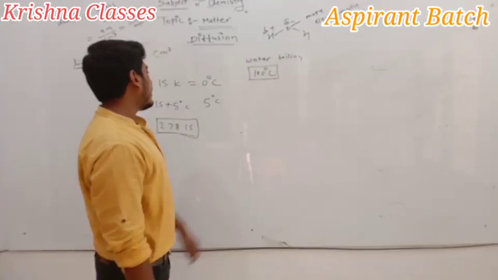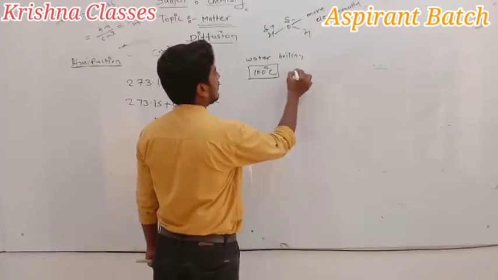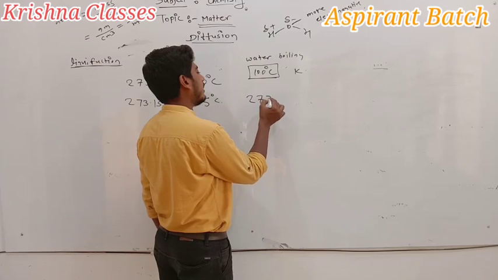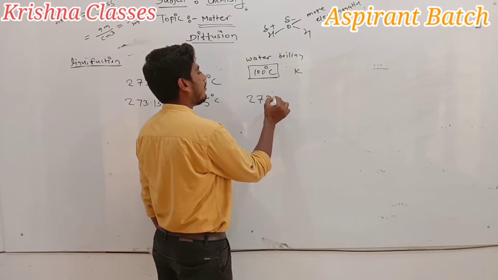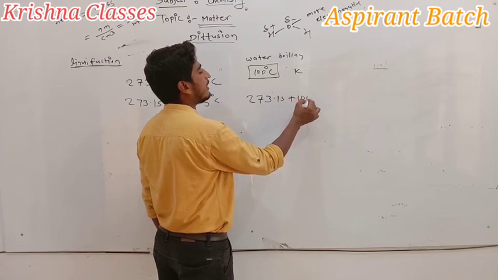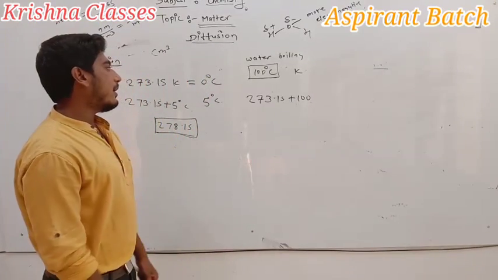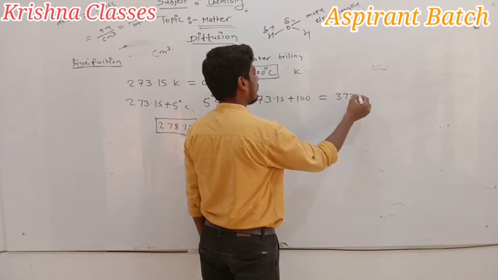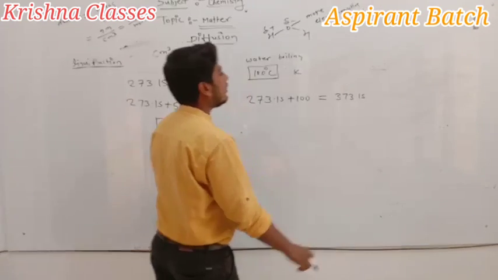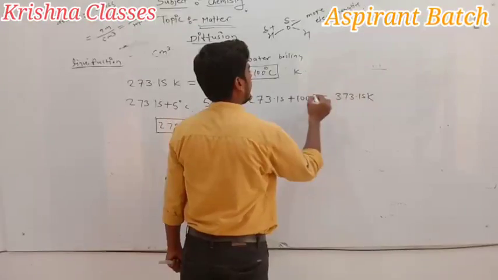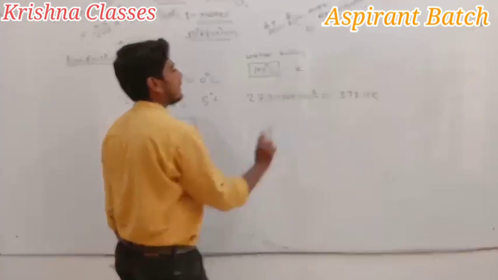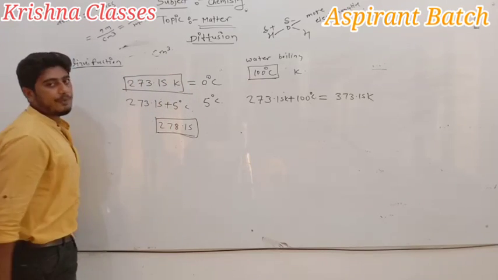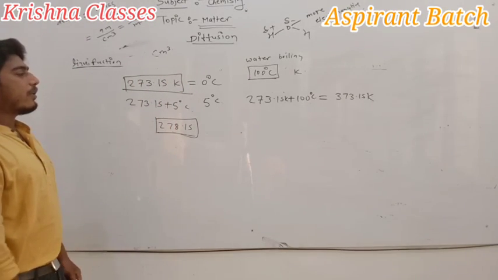Then we have to convert this degree Celsius into Kelvin. We add 273.15 plus 100 degrees Celsius, which is equal to 373.15 Kelvin. Here 0 degrees Celsius means 273.15 Kelvin. This is the conversion method.